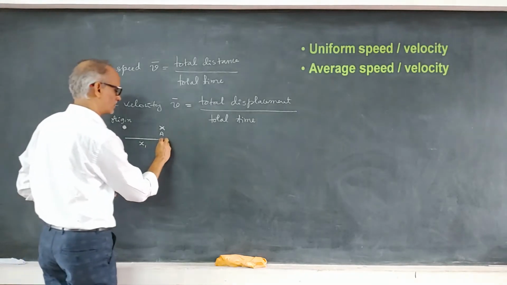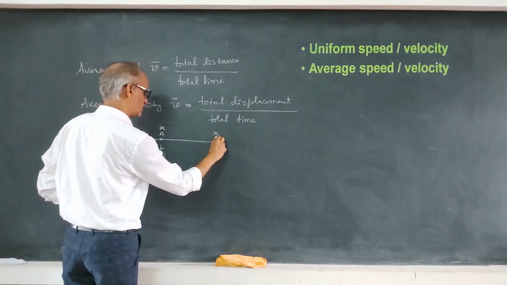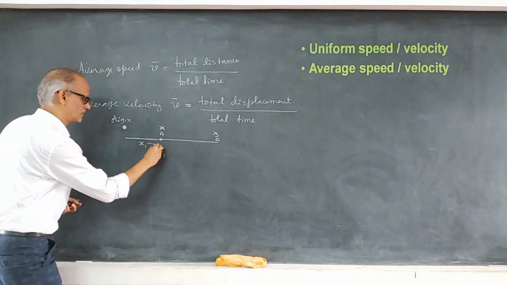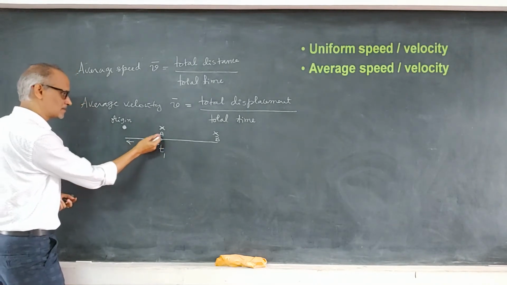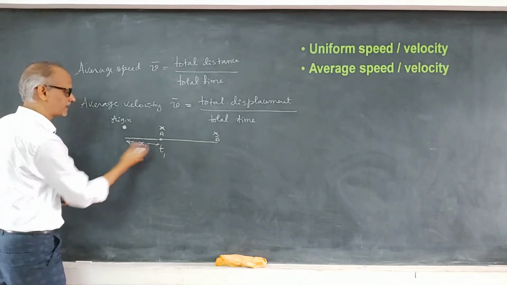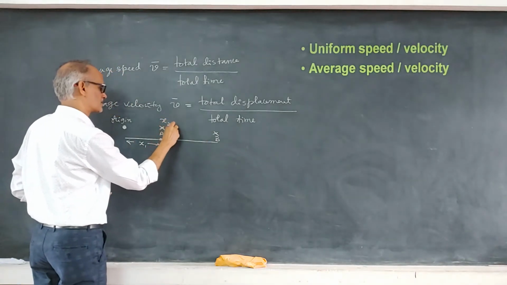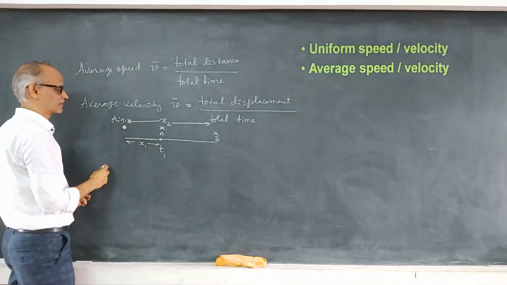Then it moves along the straight line and comes to another position called B, which is at a distance x2 from the origin.